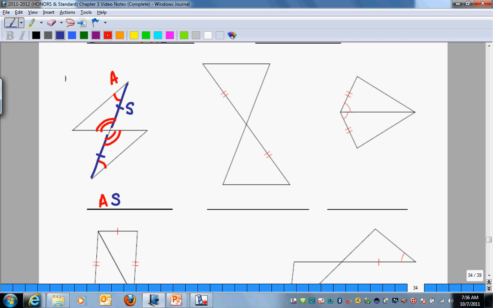And then don't forget that we have another pair of angles here because they are vertical. They are freebies. They're congruent. Even if they're not marked, you must mark them. So that shortcut there is going to be angle, side, angle.